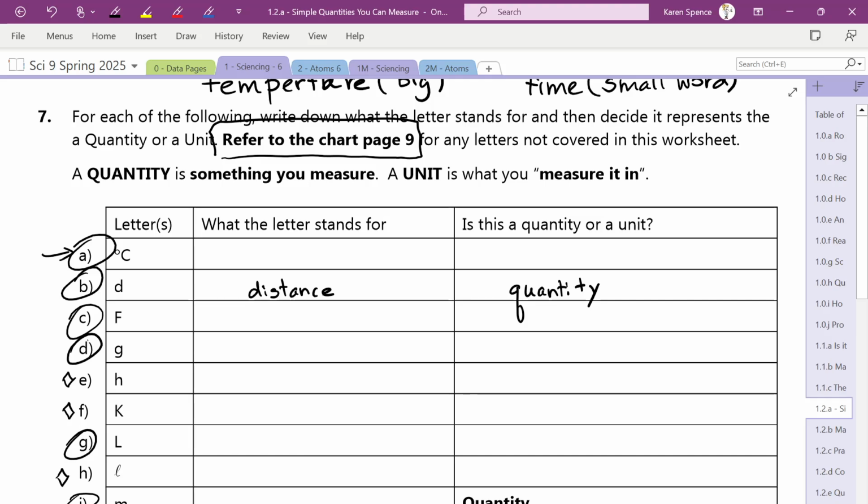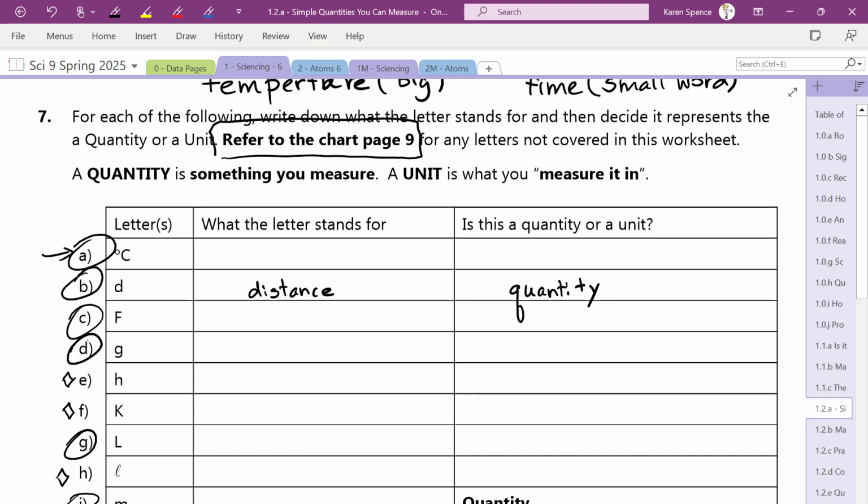Okay, you go back here. There's G, it stands for mass. Consider yourself, is that a quantity, or can I put a number in front of it? Should I say 100 grams? If you're having trouble telling if it's a quantity or a unit, put a number in front of it and see if it makes sense. 100 grams makes sense. 100 masses doesn't make sense.